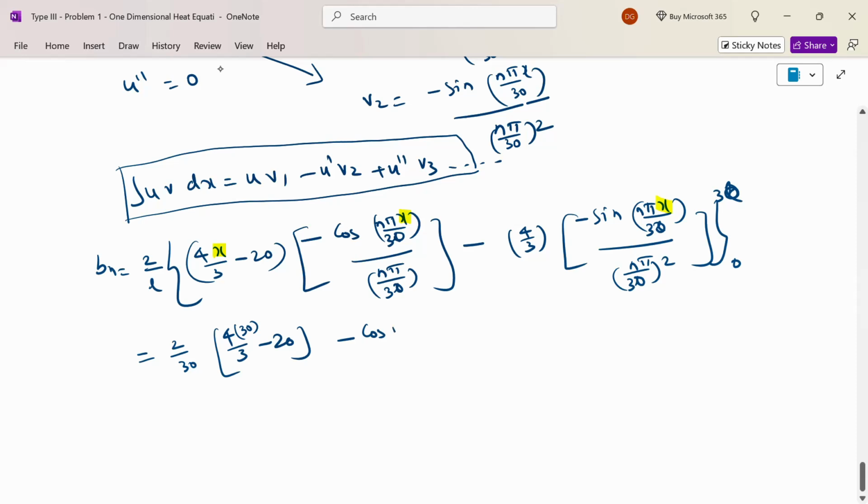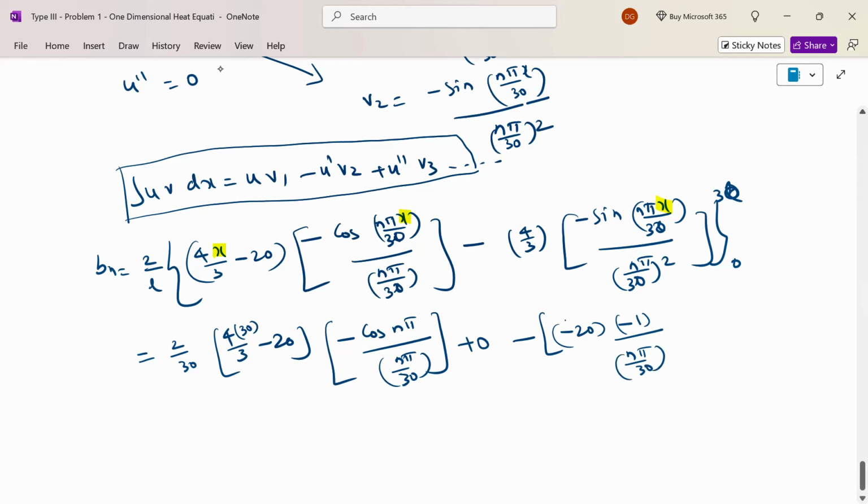When I substitute 30, it's n pi by 30. Then with the lower limit 0, upper limit minus lower limit. When I substitute 0, this becomes 0, therefore minus 20, cos 0 is 1, minus 1 by n pi by 30, then this term is 0.